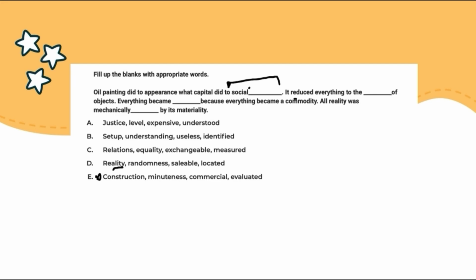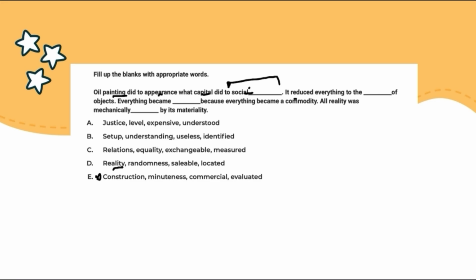Here, when we talk about the context of the sentence, it says oil painting did to appearance what capital did to this. So it is very clear that we are drawing a parallel here. We are making an analogy, a comparison here. Whatever oil painting did to the appearance, capital did the exact same thing to this.